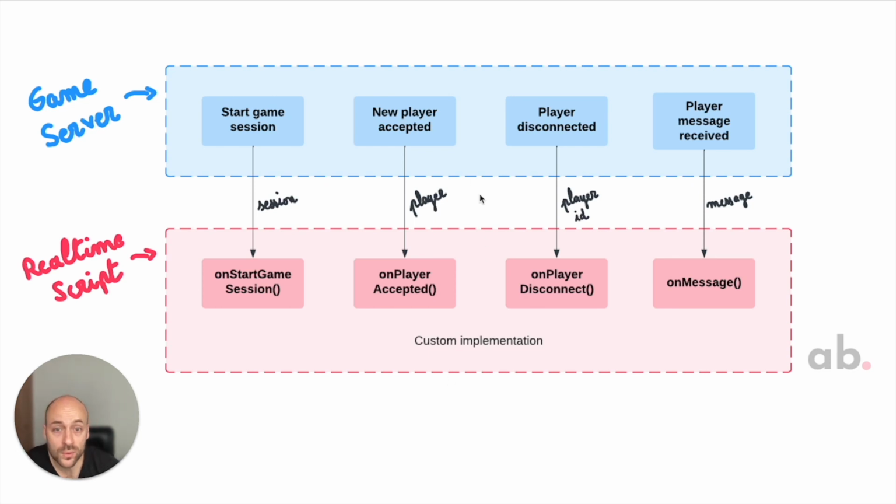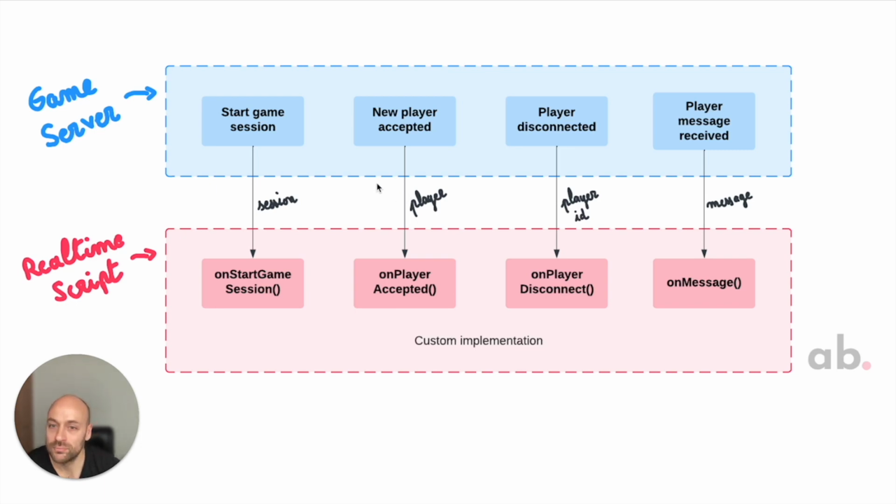For example, when a new player joins the game, the function onPlayerAccepted is called with a player object as parameter. At this moment, you can decide what to do. For example, notifying the other players that a new player has just joined the game. But how to do it?